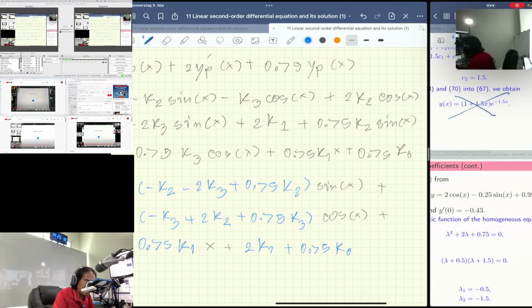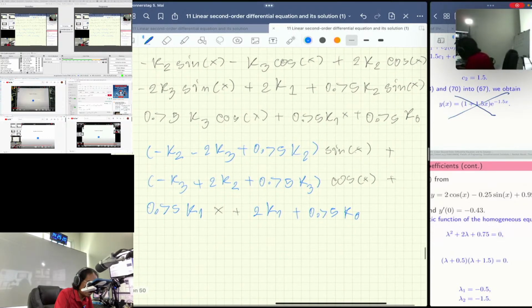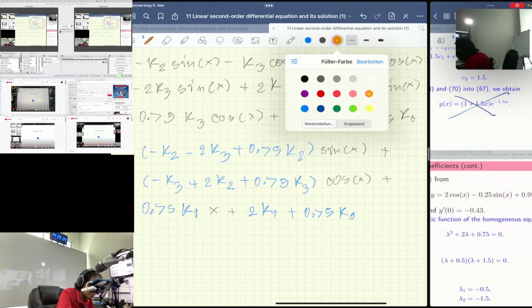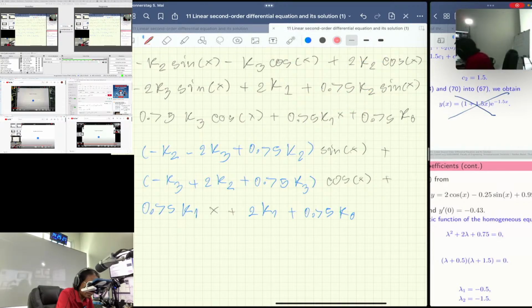Okay, for the cosine term, you can see that you have negative k3 plus 2k2 plus 0.75 k3. So you can combine them together, right?